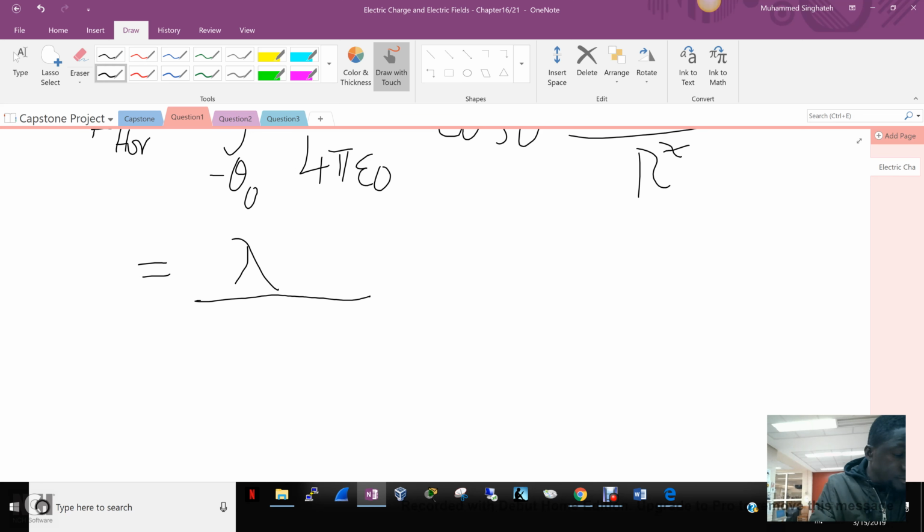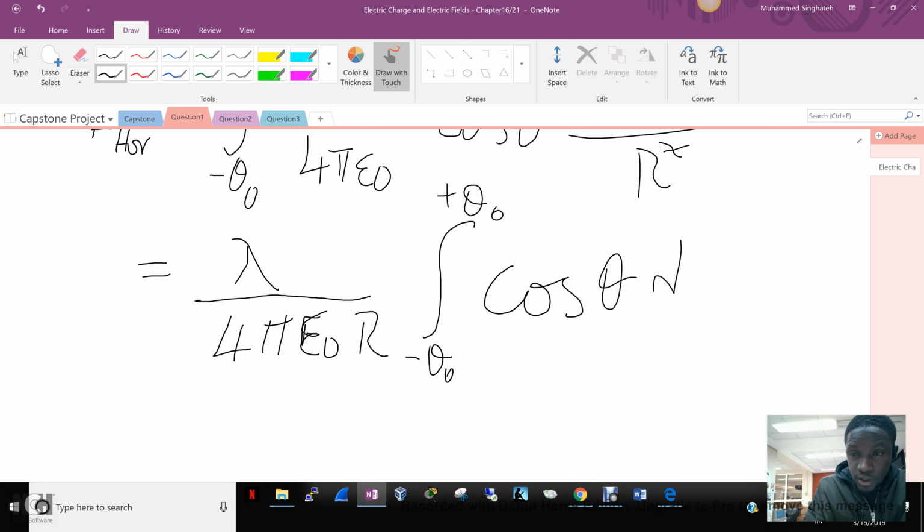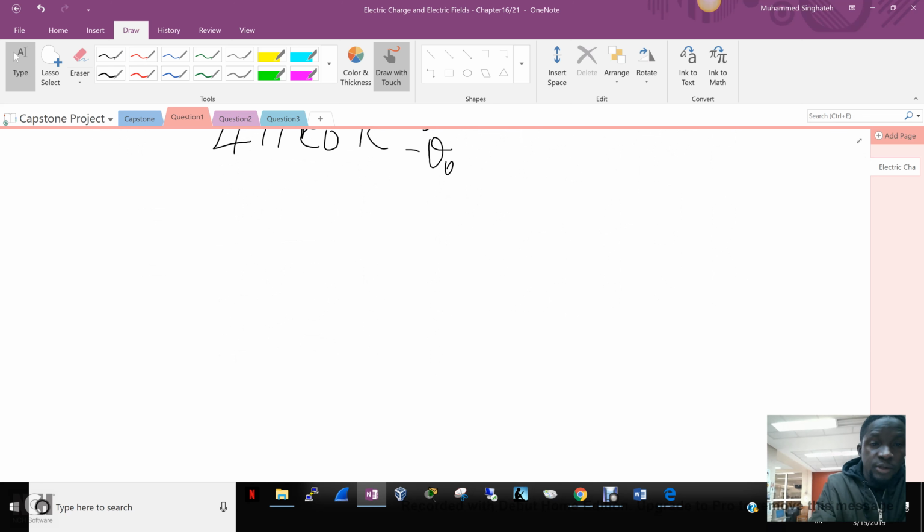You can have lambda divided by 4 pi epsilon naught, then you have one single r now, times the integral of 0 plus of cos theta times the distance times theta.